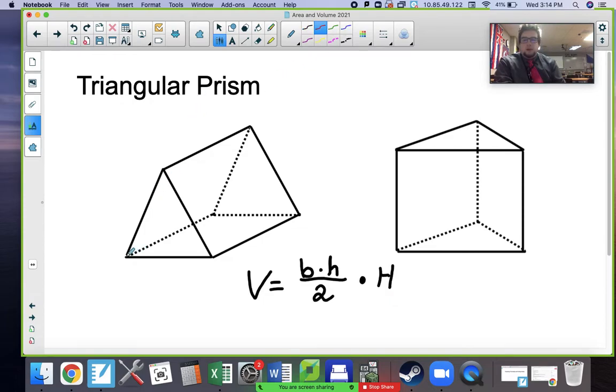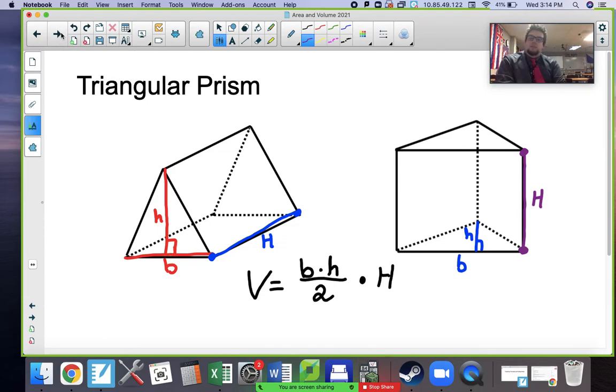So in this problem, I have my base, I have my height, just like a regular triangle, but then we're going to multiply the distance between the two triangles. Big height. So if we had this picture over here, let's say that's our base, that's our little height. The big height is the distance between the two triangles, right there.